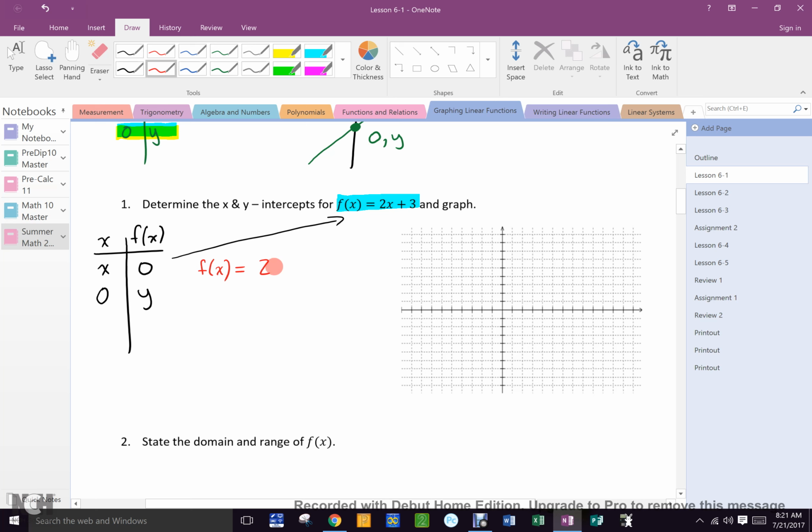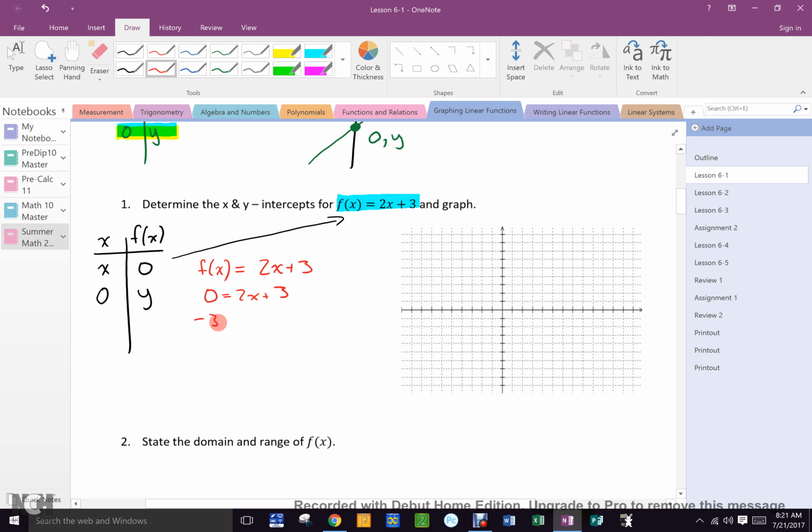No. X is X is X is X. So what do I write here? 2x plus 3. Now, what is this? 0, because the chart tells us the f of x is 0. So I have 0 equals 2x plus 3. How do I solve that? Algebra.